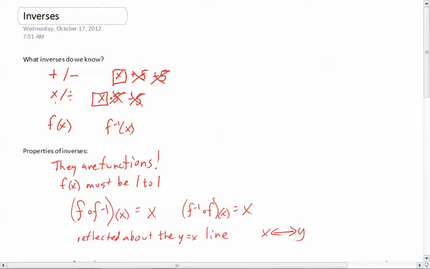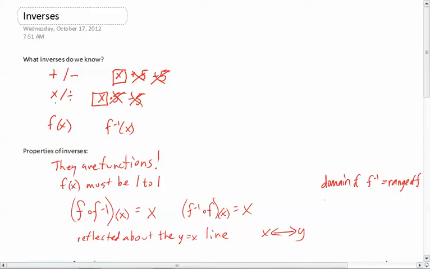Now what this results in is that the domain of f inverse will be equal to the range of the original function. Now that should make sense. Whatever y values used to work for a function are now the inputs for the inverse, because the x's and y's switched.